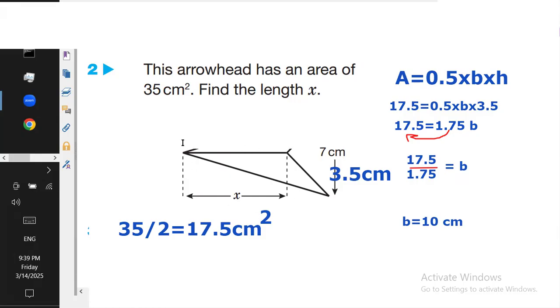I called it b instead of x because I don't want to confuse it with the multiplying sign. The area of a triangle equals half base times height. The area, which is 17.5, equals half times base, which is unknown, times height, which is 3.5. I multiplied these, I got 1.75, and then took it to the other side by dividing, and I got the base of the triangle. And this is how you answer a question like this.